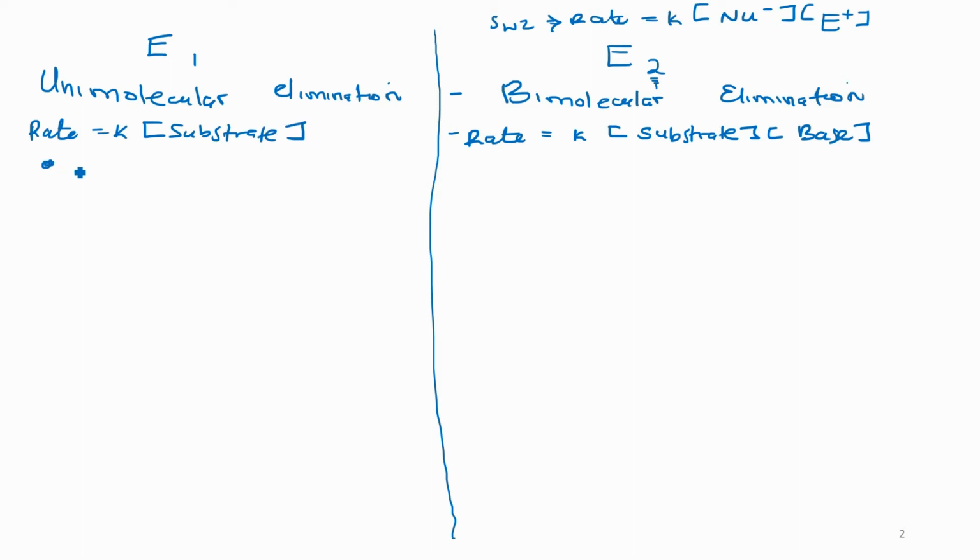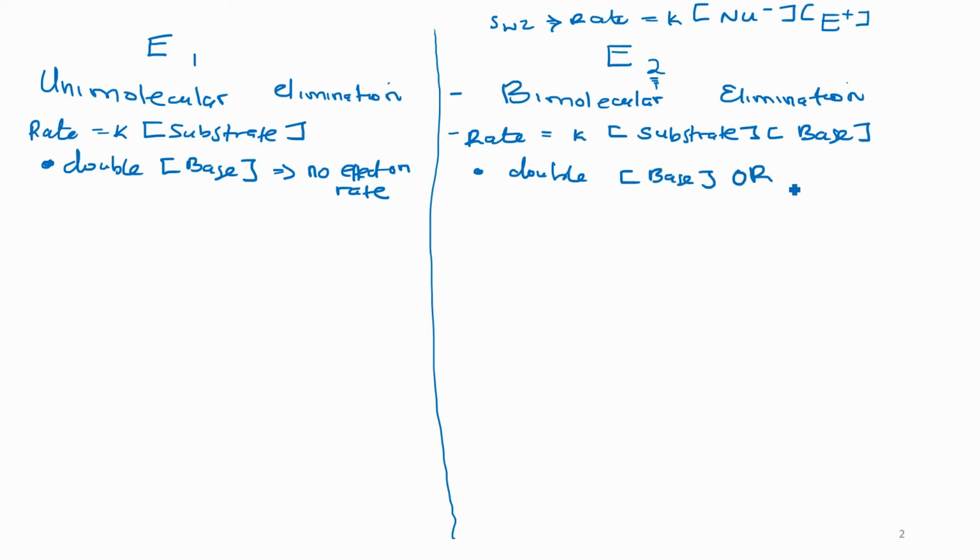So it's only affected by substrate concentration. Which means if you double the concentration of the base, no effect on rate. Of course, the concentration of the base is not part of the equation here. But here, if you double the concentration of the base, and let's just say the base for now, because I want to be as clear as possible.